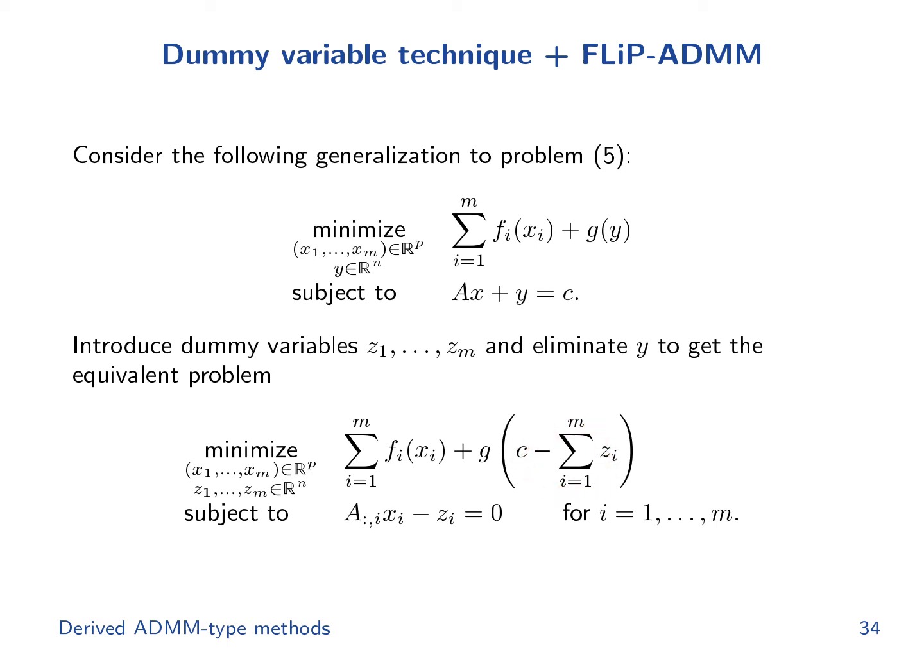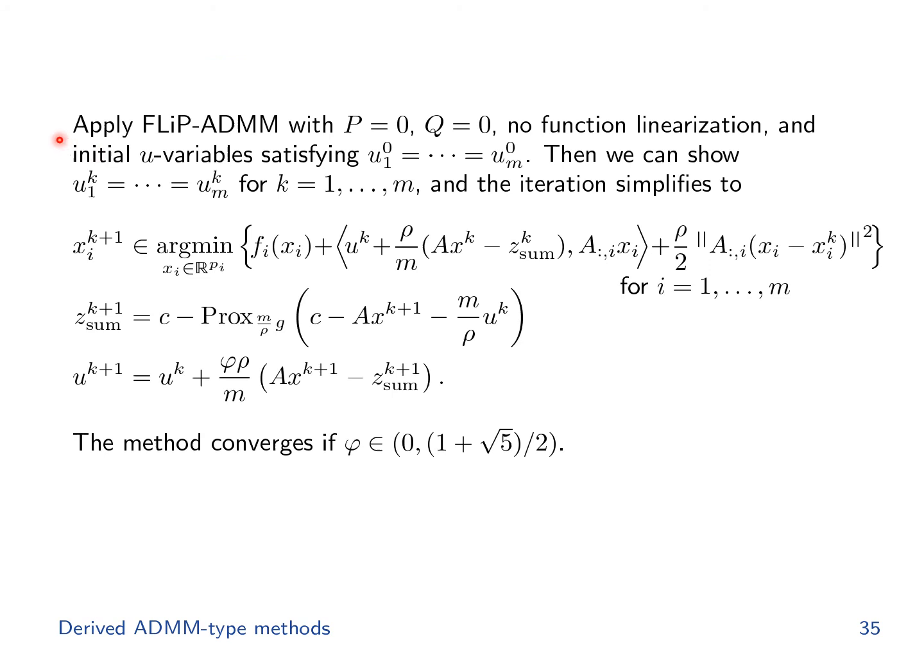We have eliminated y. Apply FLIP-ADMM with matrix P equal to 0, matrix Q equal to 0, no function linearization, and set the initial values of the u variables to consensus. Then we can show this method will keep all the components of u equal forever.